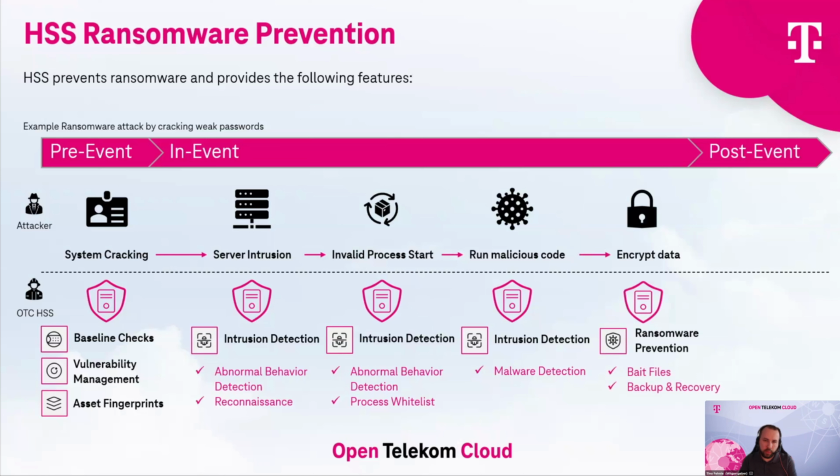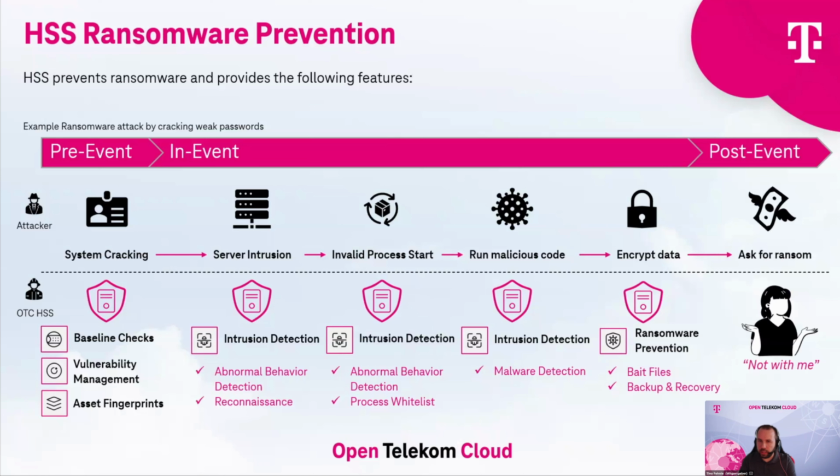For that one, we have the ransomware prevention as a feature from HSS. The ransomware prevention is placing bait files to see if files are changed and to detect the ransomware when the malware detection fails. Also, it is integrated in CBR. So that is our cloud backup and recovery service to regularly back up your data and in case of an accident to be able to retrieve the data.